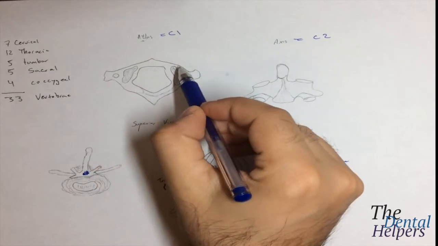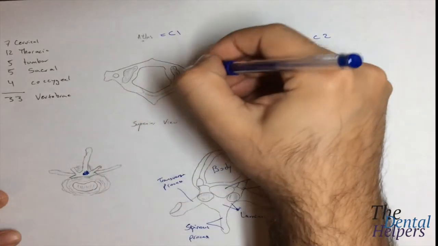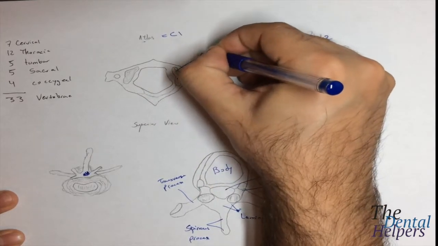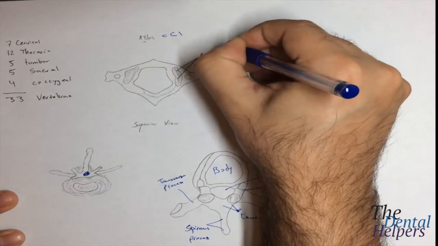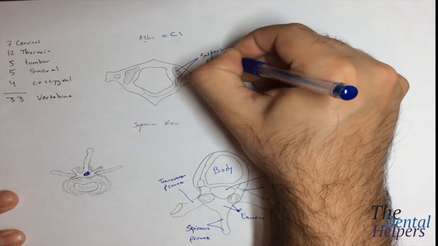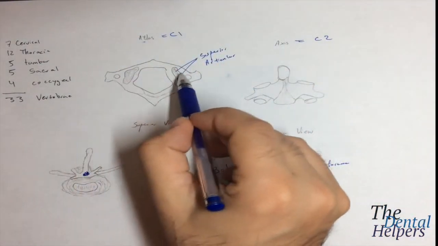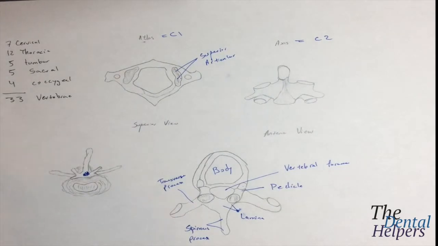Also, right here we have the superior articular, and the two of these superior articulars are what's going to come in contact with your occipital bones. So it's going to actually come in contact with the skull, and it's going to actually support that weight.